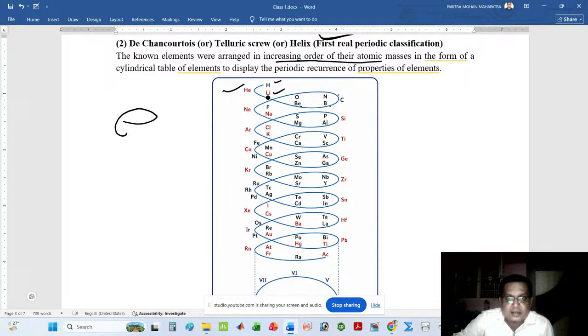If I start from this position, I will go like this. I will again go, I will cover nitrogen, oxygen, then I will cover neon. Next, I will cover sodium like this. Are you getting my point?